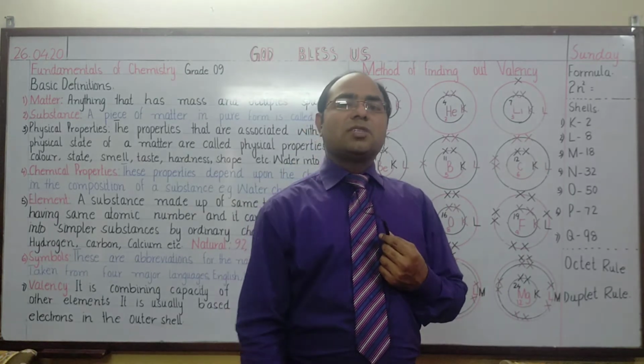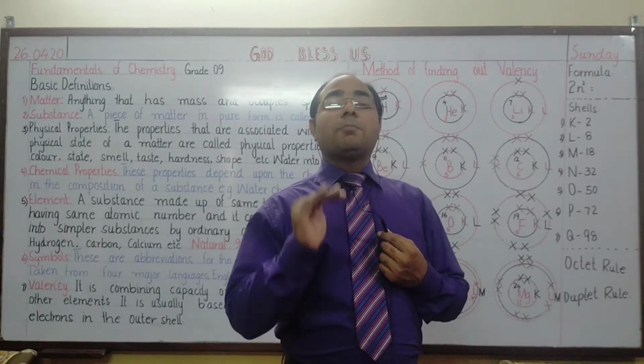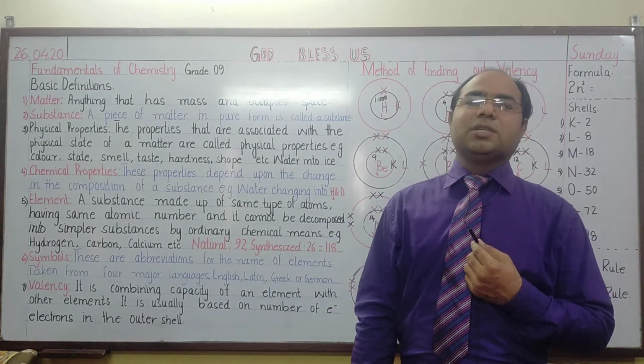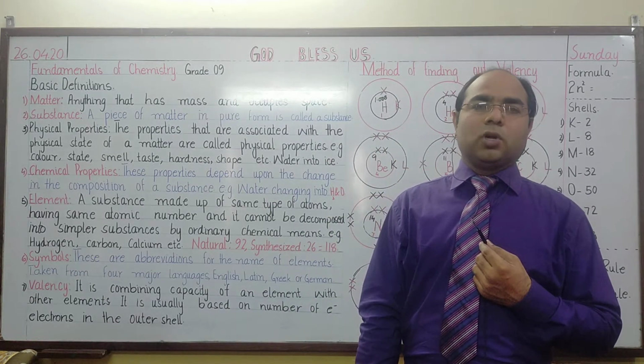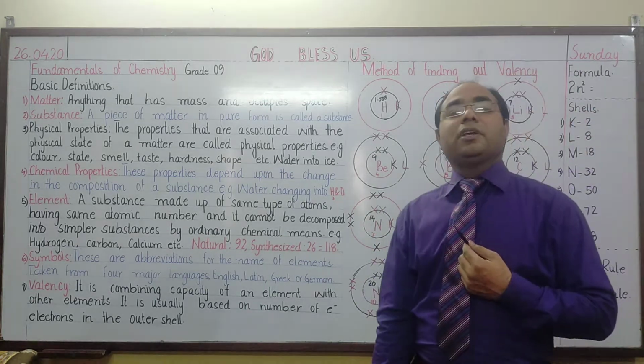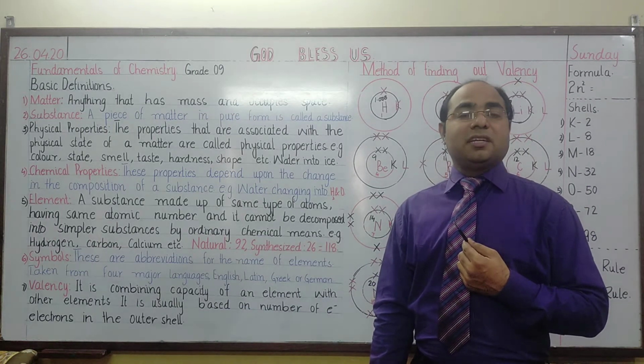For example, what are these 20 elements that you need to learn? They are found on page number 48 in your book of chemistry, the Punjab Textbook Board. There you find a periodic table, in which you find all these 118 elements.